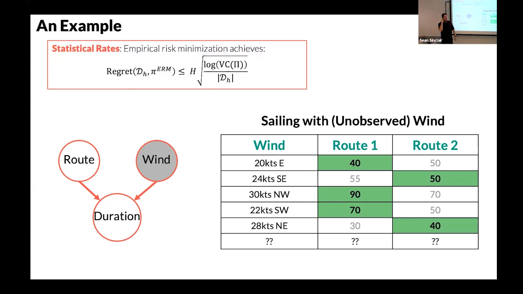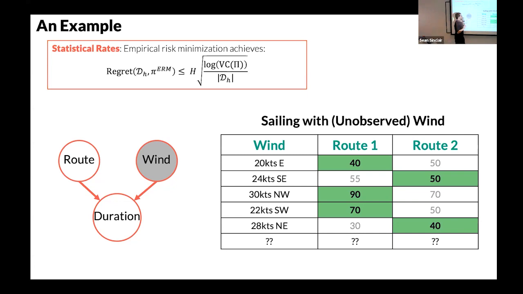So let's say you are trying to sail on a boat from Montreal to Toronto. And there's two different paths you can go. There's the St. Lawrence, and then there's the other river whose name I always forget. Okay. So you have two different routes, okay? And depending on the wind, the time that each of those different routes is going to take is going to be different, okay?